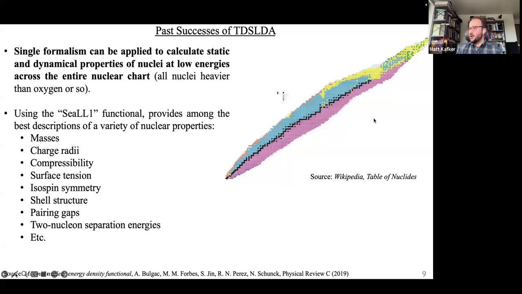And I will say also, once you specify the functional, which involves these 8 parameters that I mentioned on the previous slide, there are no more decisions to be made. So from this, you take a derivative and you derive the equations of motion, and then you start with an initial condition, and then you simply solve the equations of motion to calculate the ground state or to time evolve the system.